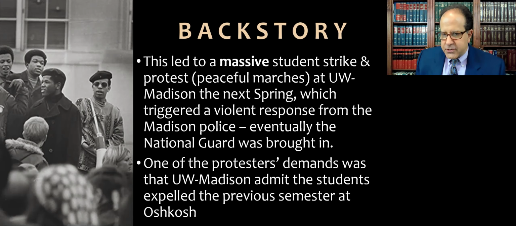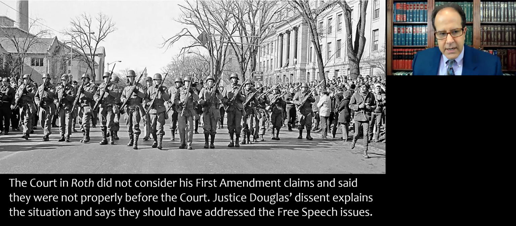And one of the protesters' demands was that the University of Wisconsin at Madison would admit the students who had been expelled the previous semester at Oshkosh. They had other demands too, but there was clearly a connection between what happened that was the backstory for Roth and what came to be known as actually kind of a historic protest in Wisconsin.